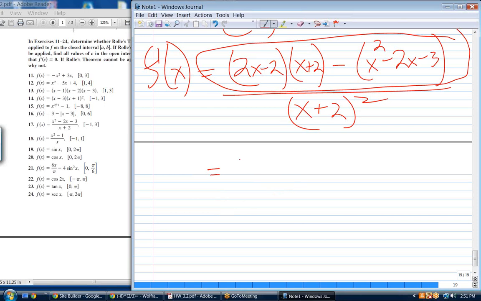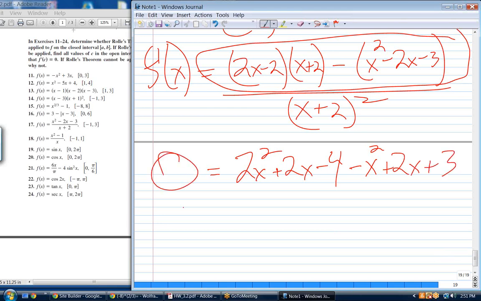So we would get 2x squared, and then we'd get 4x, 2x, right? And then negative 4. Okay. And then minus x squared plus 2x plus 3.